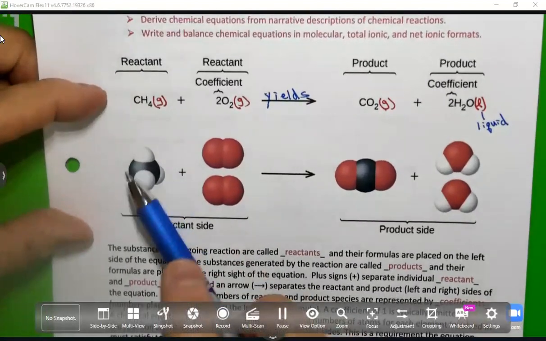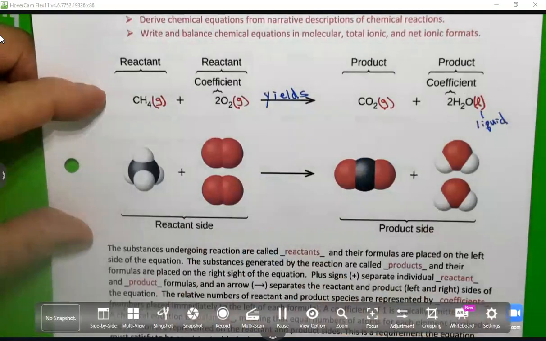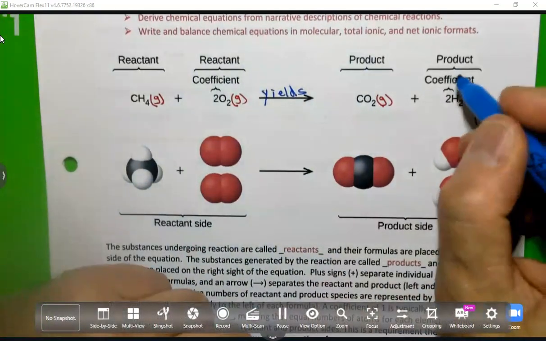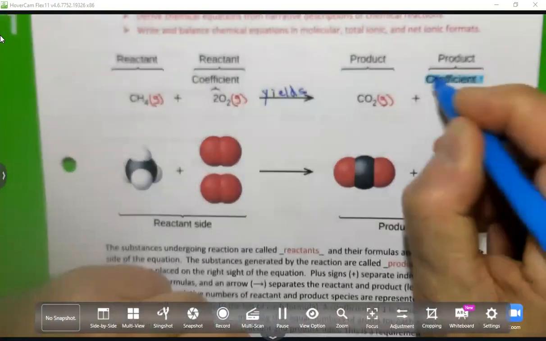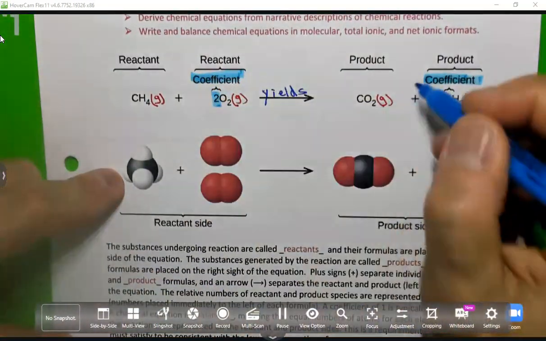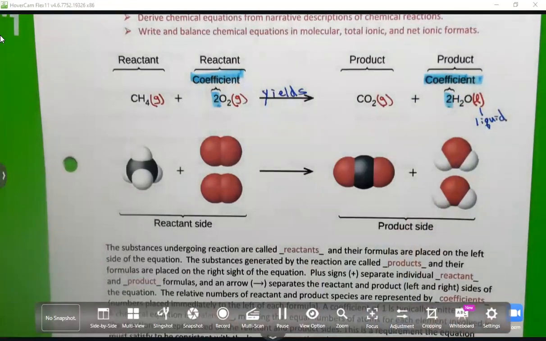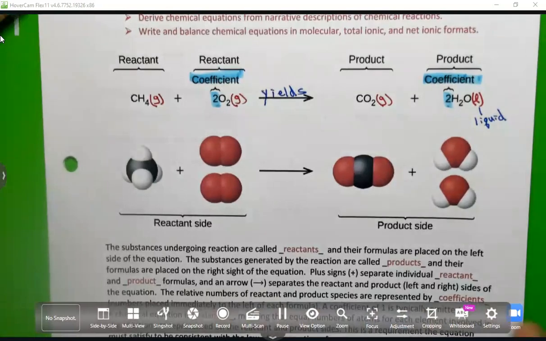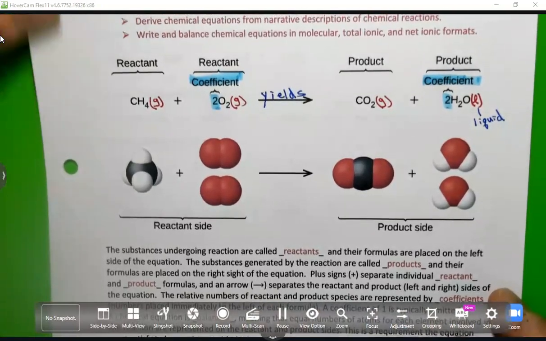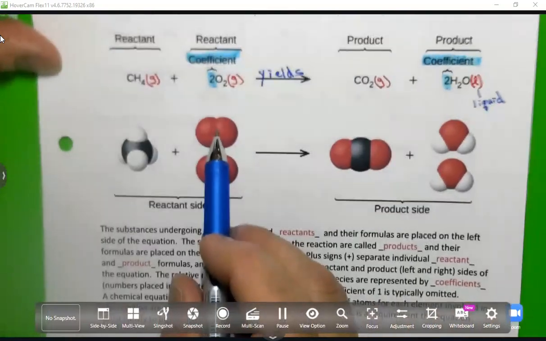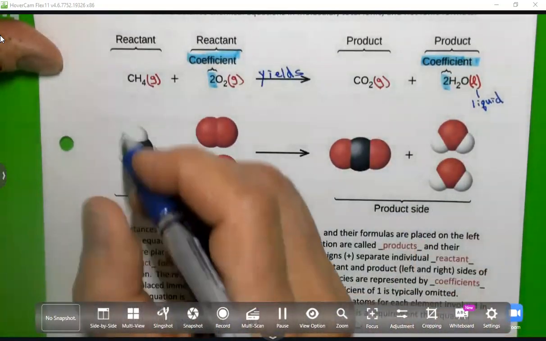So we know we have reactants on the left, we have products on the right. We balance equations with coefficients. What are coefficients? Coefficients are these big numbers in front. We do not put them in the middle. They are always in front. Al starts out, I believe, with diagrams like this.